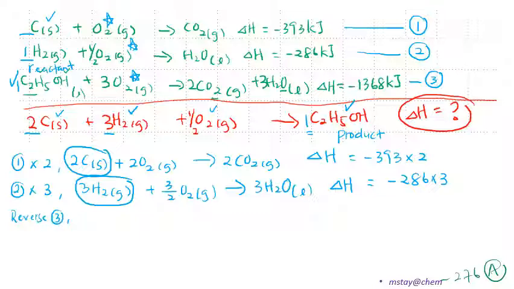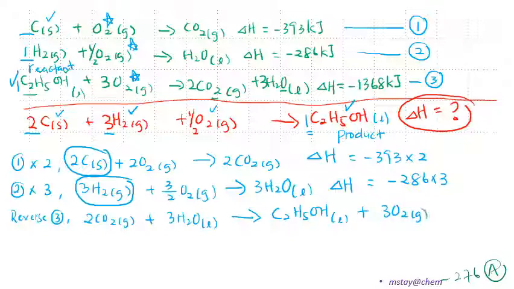Once we reverse, 2 mole of carbon dioxide gas reacts with 3 mole of H2O liquid to produce 1 mole of ethanol plus 3 mole of oxygen gas. Since the equation is reversed, the value becomes positive 1368.